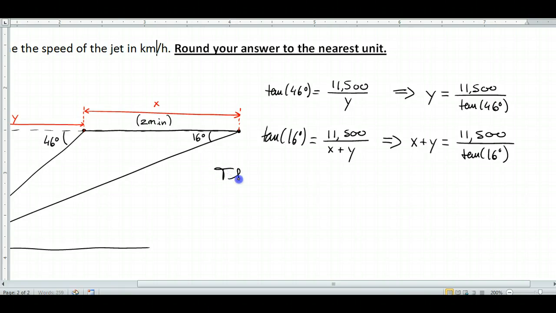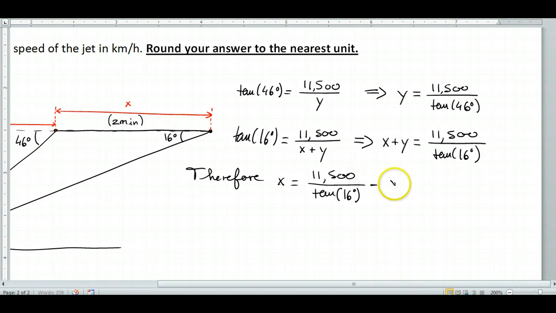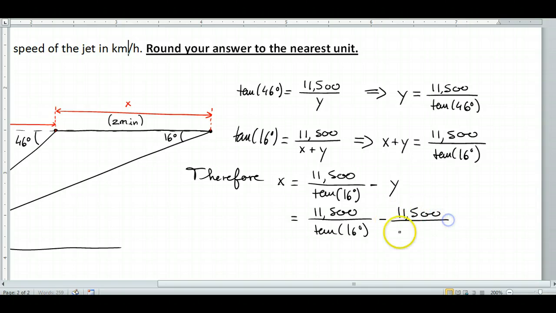Therefore, x is 11,500 divided by the tangent of 16 minus y, which is just 11,500 divided by the tangent of 16 degrees minus, and y is right here, 11,500 divided by the tangent of 46 degrees.